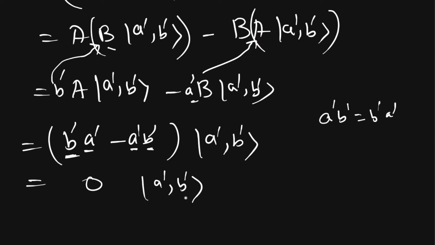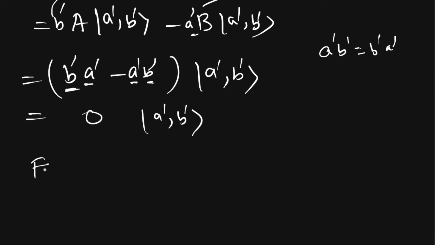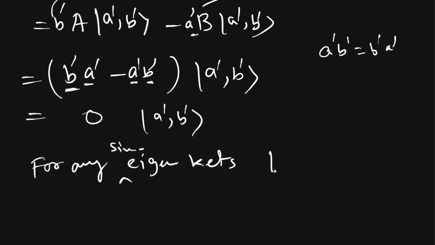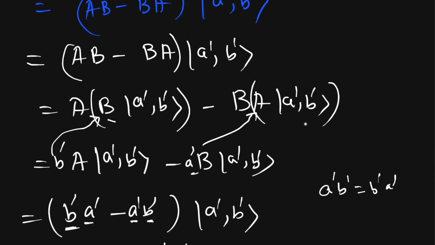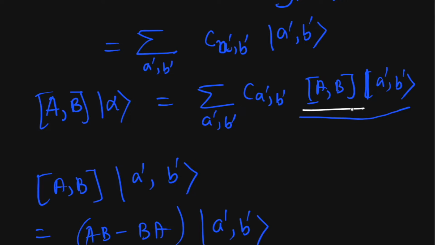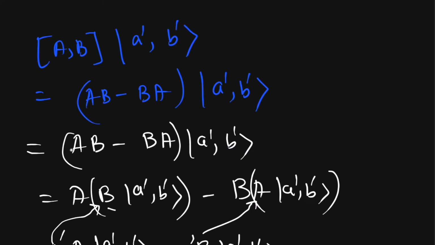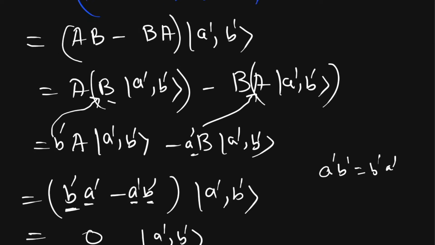So for any simultaneous eigenkets |a', b'>, [A, B]|a', b'> is equal to 0. That means this term will always give 0. That means the commutator of the operators on alpha always gives 0 times alpha.